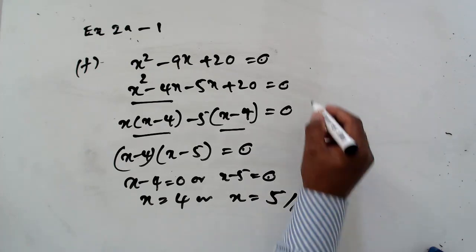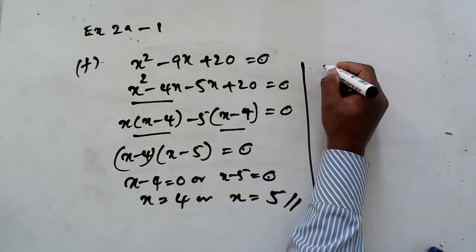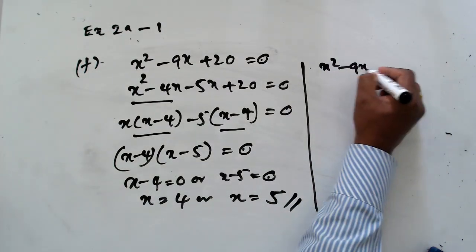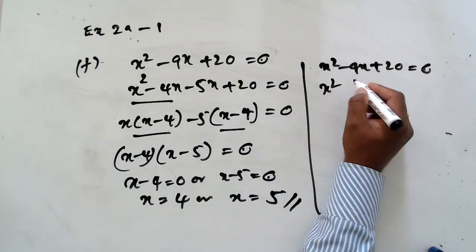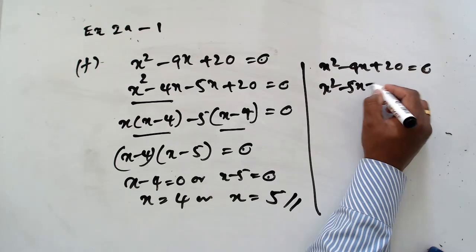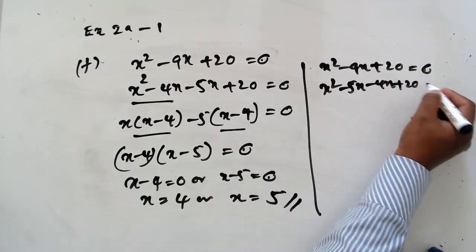You can work out the other side as well. I mean, if you write x square minus 9x plus 20 equals 0 this way, you still find x square minus 5x minus 4x plus 20 equals 0.